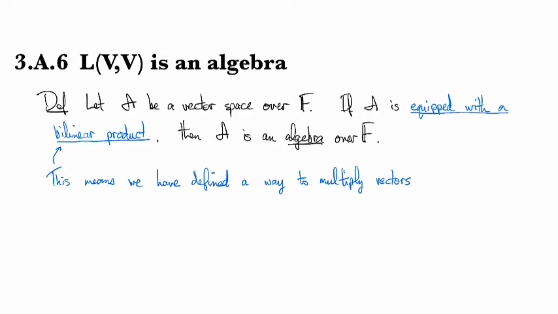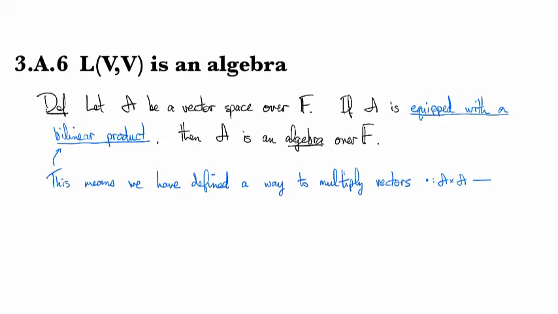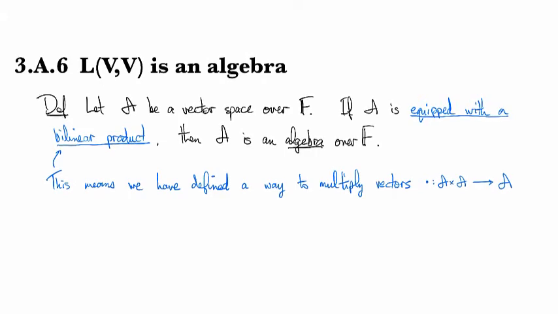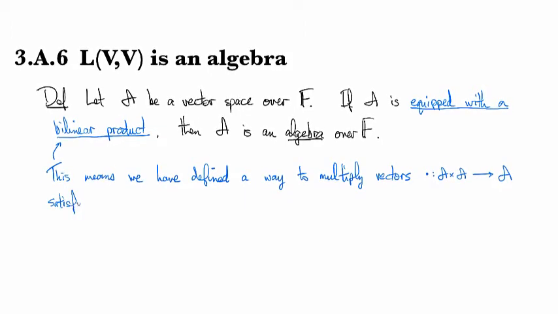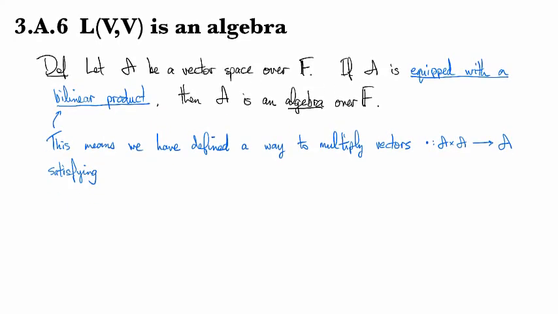So this is going to be a map. I'll denote it with a dot, and it sends a pair of things from our vector space and spits out a new thing from our vector space. Okay, so it's a binary operation. It's an operation that takes two arguments, and it spits out a single thing. And it has to do it in a way that satisfies the distribution.